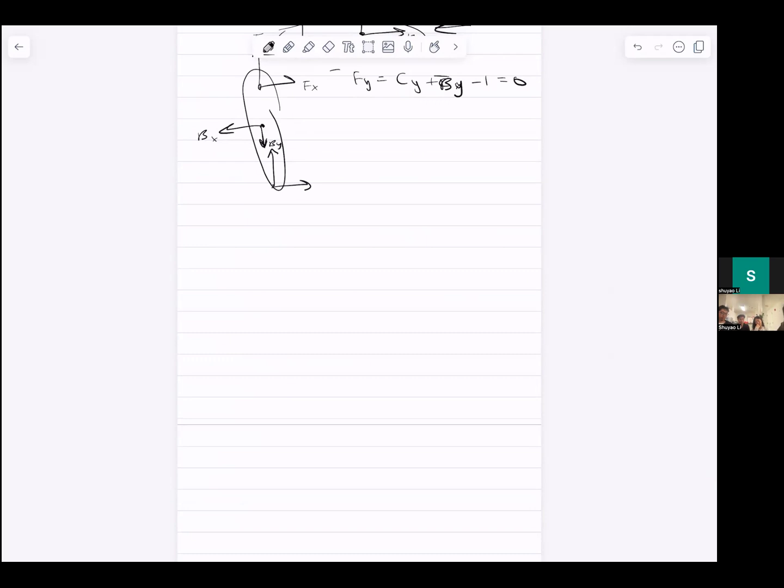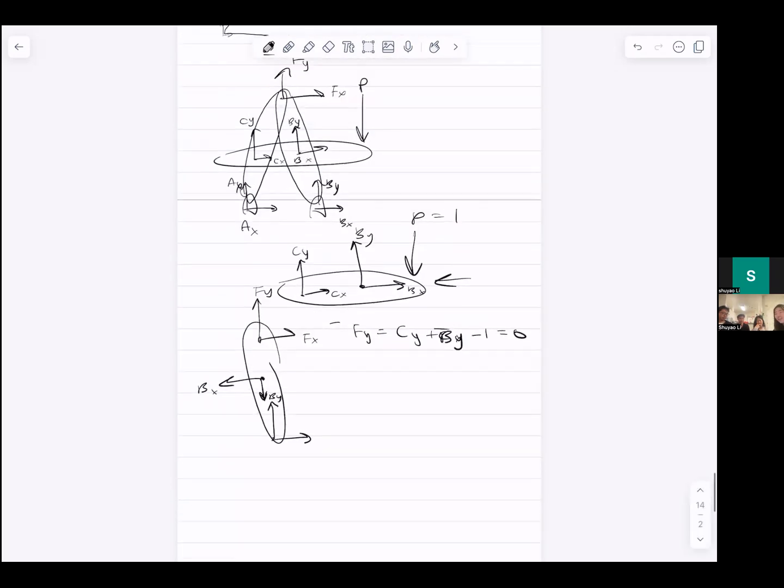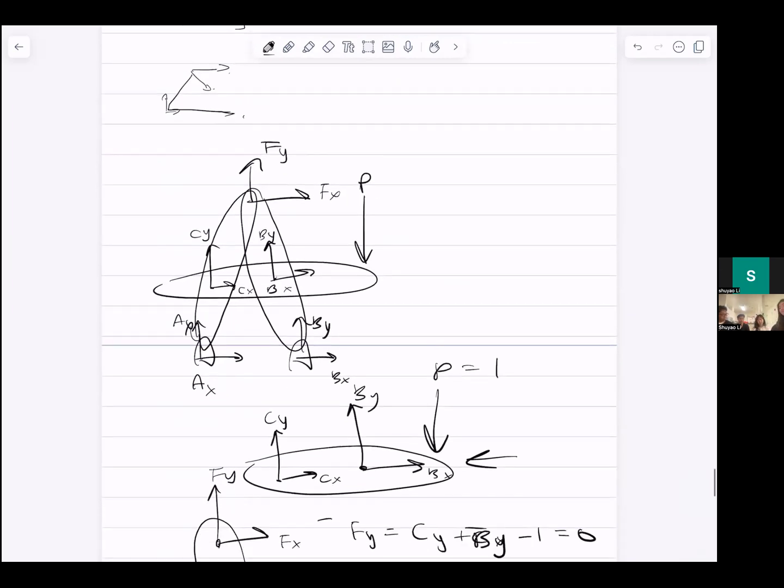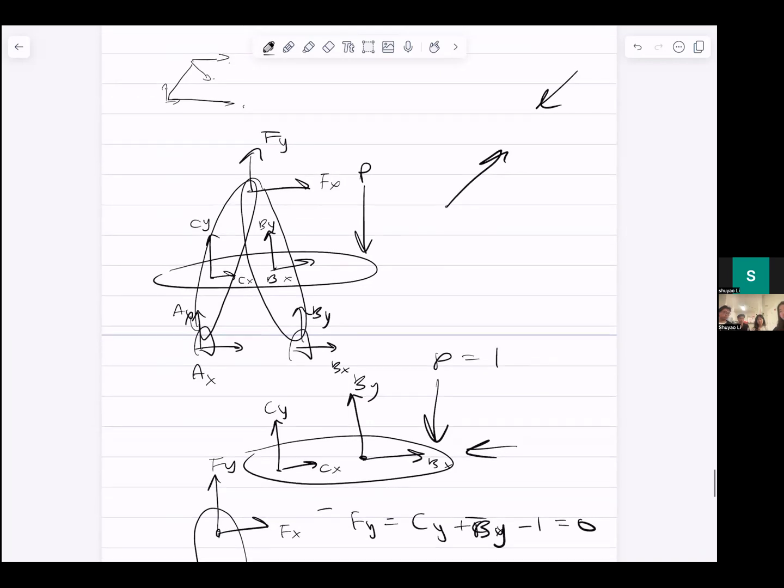Do you guys have any questions about frames? Is it important to identify whether it's a truss, a frame, or a two-force member? It is very important. When you first start with frames, you should identify the two-force members because it's going to simplify your process. If a member has just two forces that are opposite in direction, we can simplify it and eliminate the number of unknowns.